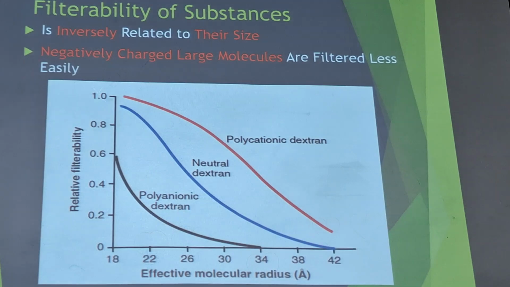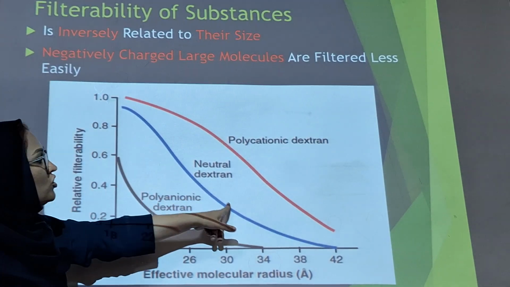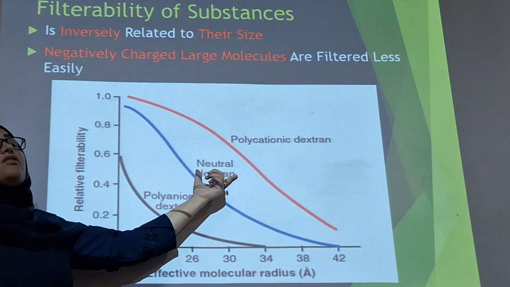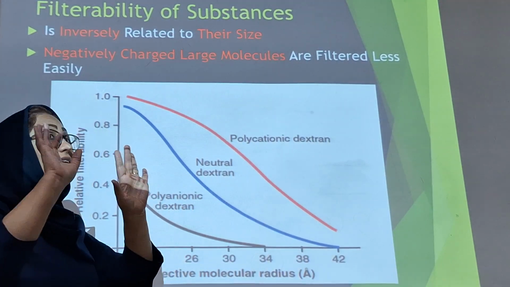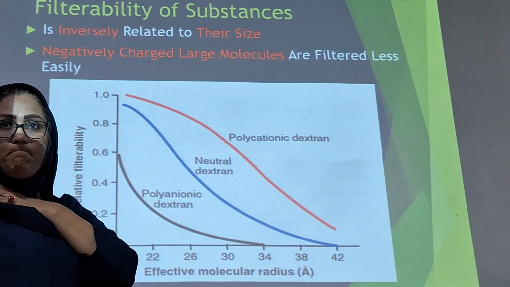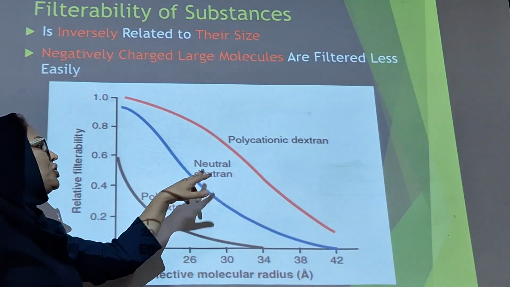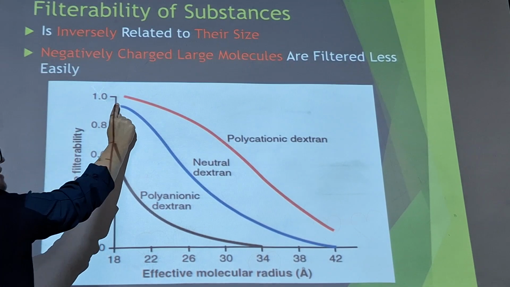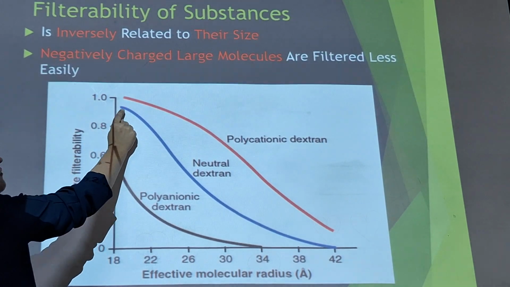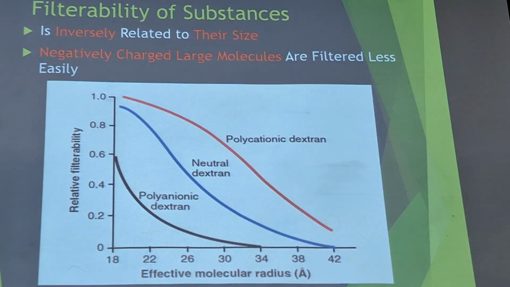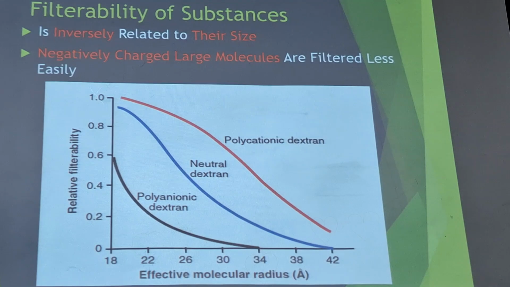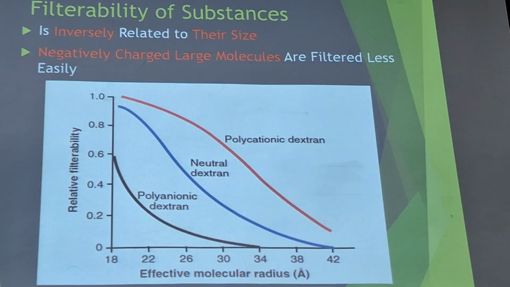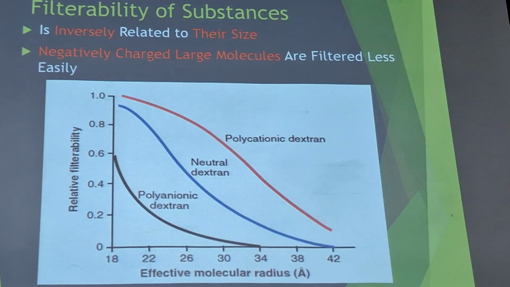Here, the blue line shows dextran molecules in different sizes without any charge. As you can see, filterability is 1. What does it mean? The maximum filterability is 1. It means it is filtered completely.